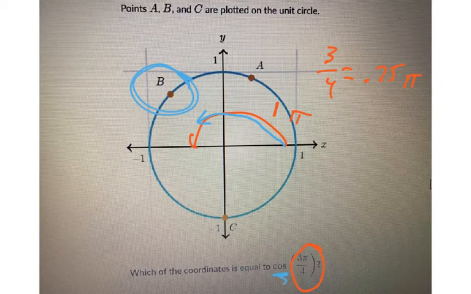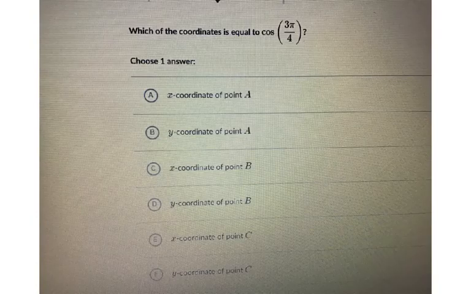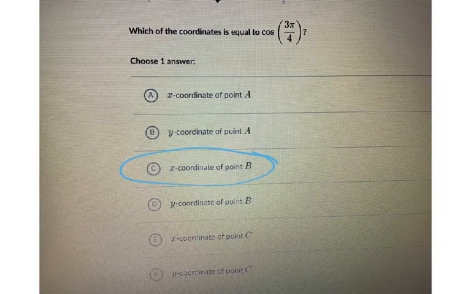They want the cosine, and remember, cosine is x, sine is y. That's one of the things hopefully you'll memorize, okay? Cosine is x, sine is y. So, we want cosine, so we want the x-coordinate of B, and that's why you're going to pick choice C.